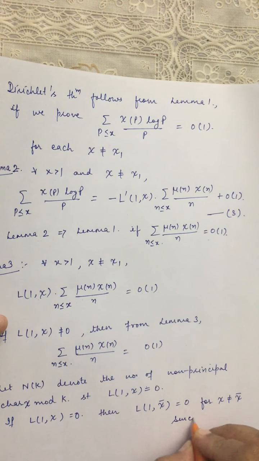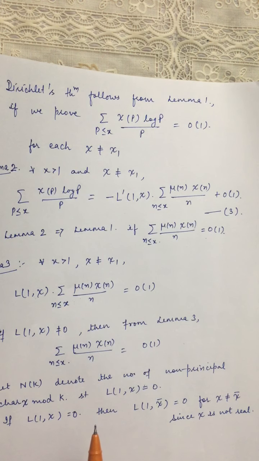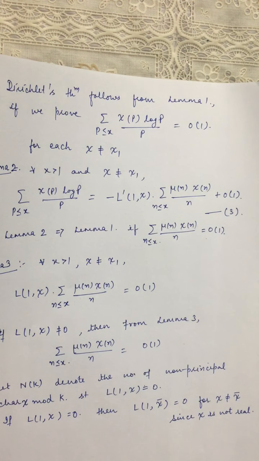Now what is the reason that it is not real? Because in the previous chapter we have proved that L(1, chi) is non-zero whenever chi is a real valued character, and we are saying n_k is the number of those non-principal characters for which L(1, chi) is 0. It means chi cannot be real valued, because we have proved already for real valued chi, L(1, chi) is non-zero. So those chi are not included in this n_k.